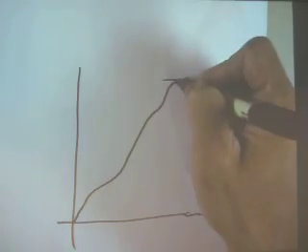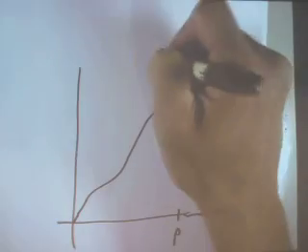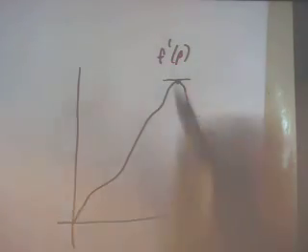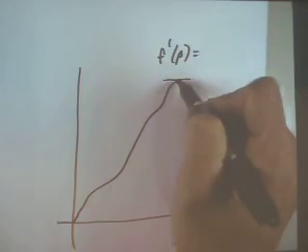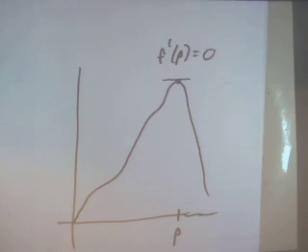At that point, let's call it P for peak, the derivative is such that he wouldn't have to push up any at all. So we might have a steepness that's 0.